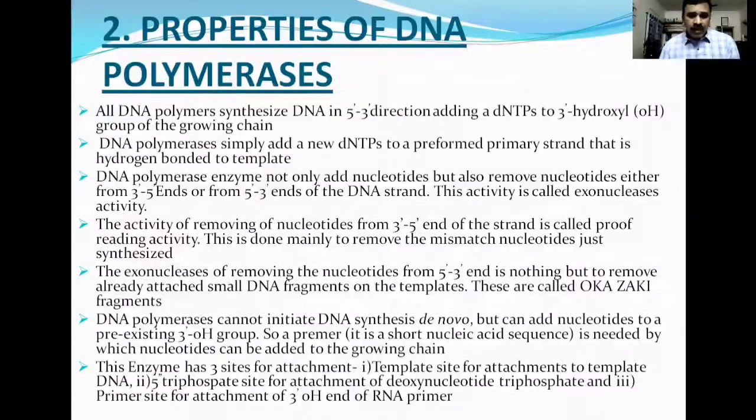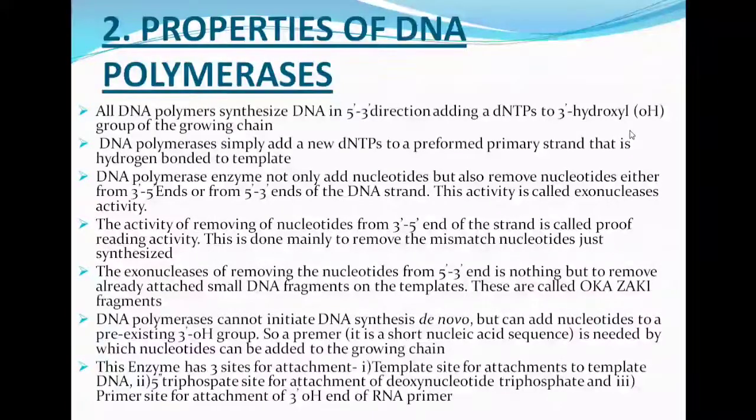So the activity of removing nucleotides from the 3' to 5' end of the strand is called proofreading activity. That means the exonuclease activity can take place in two ways. The first one is the removing of nucleotides from the 3' to 5' end of the strand. This is called proofreading activity.